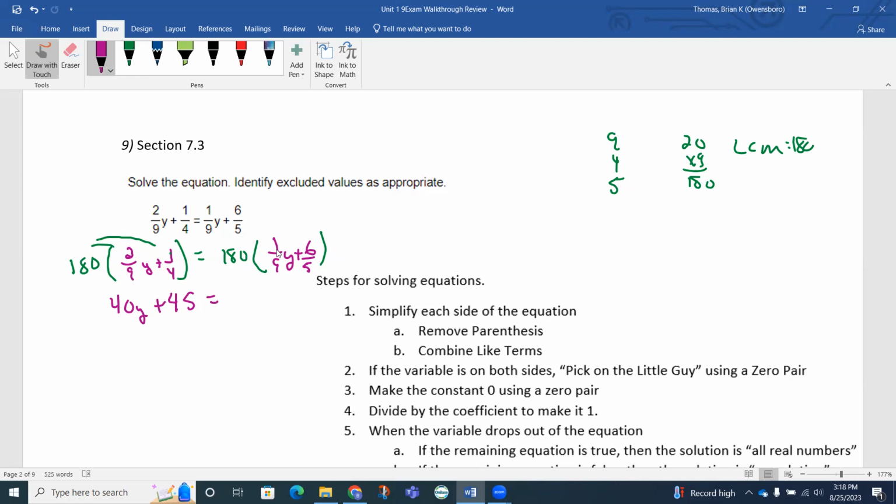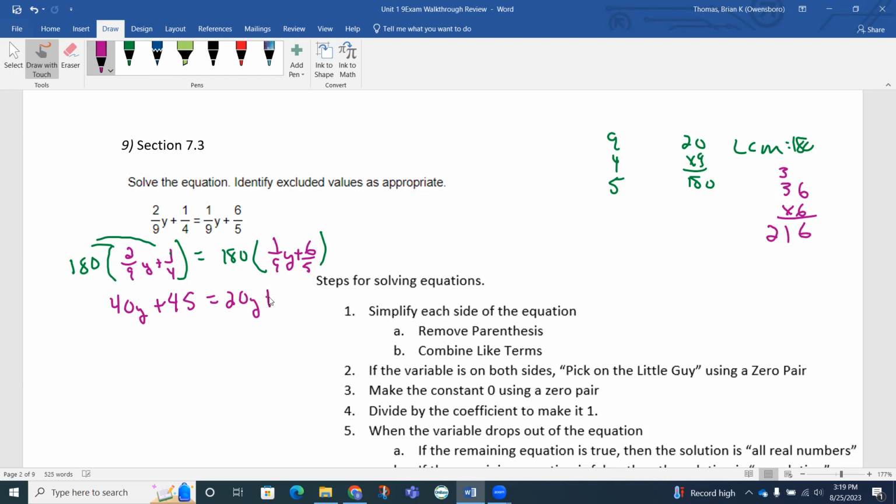Now I apply the 180 times 1/9. The 9 cancels with the 180 and gives me 20 again, and 20 times 1y is 20y. Then we multiply 180 by the 6/5. The 5 cancels out, leaving 9 times 4, which is 36. But I still have to multiply 36 times 6, which is 216.